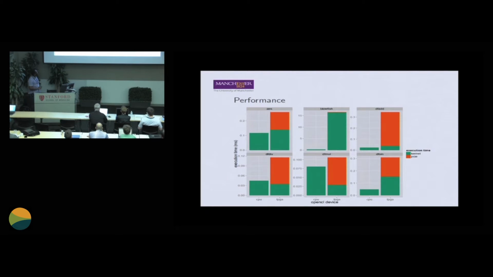On this axis is execution time in milliseconds. This is referred to as PCI, where you do PCI transfers, so there's an overhead. But generally, if you discount the PCI overhead, FPGAs tend to do better, because less is better here on the green part.